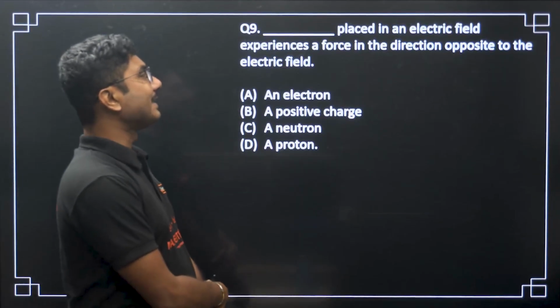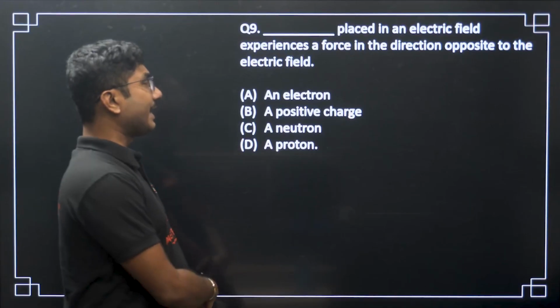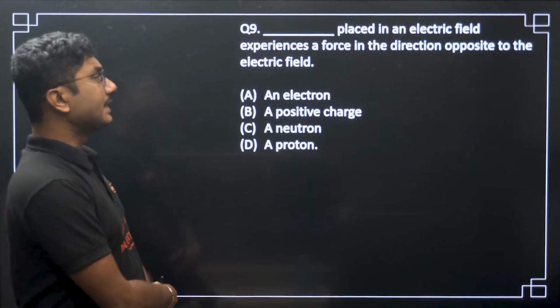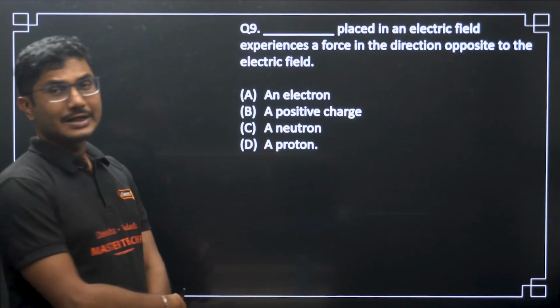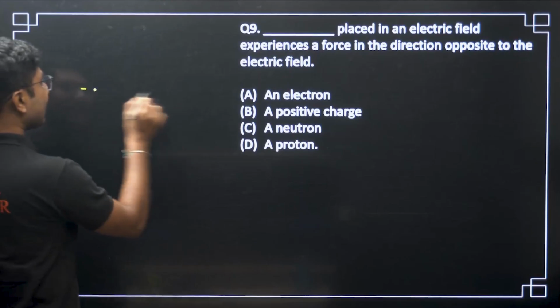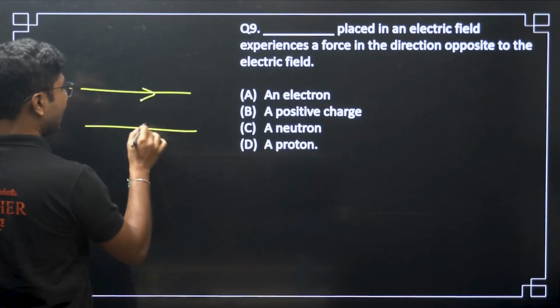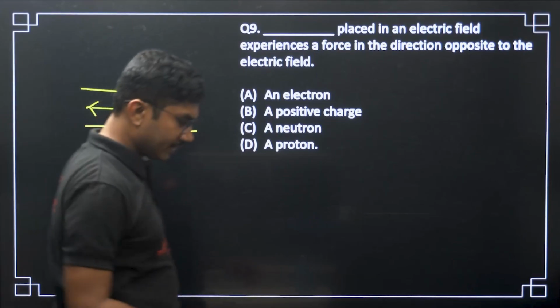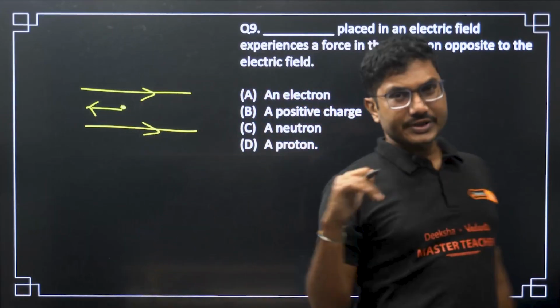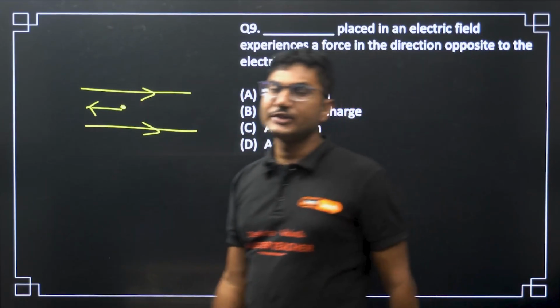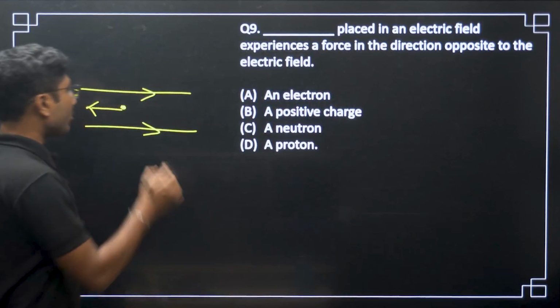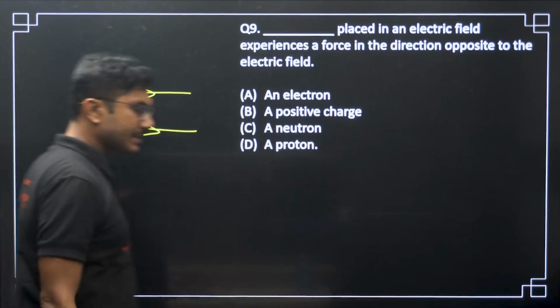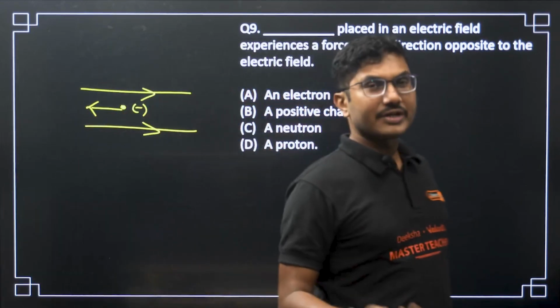Dash placed in an electric field experiences a force in the direction opposite to that of the electric field. So if you place a charge in an electric field, it experiences a force in the opposite direction of the electric field. So what is the nature of this charge? It must be a negative charge. A positive charge always experiences a force in the direction of the electric field.